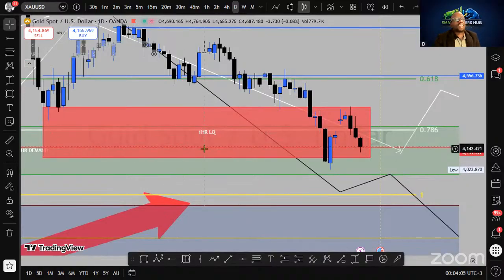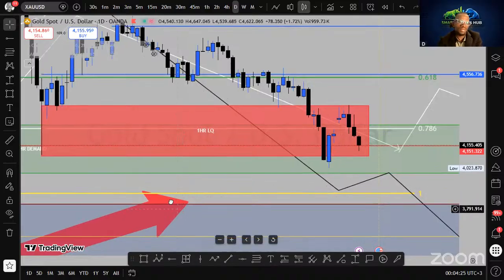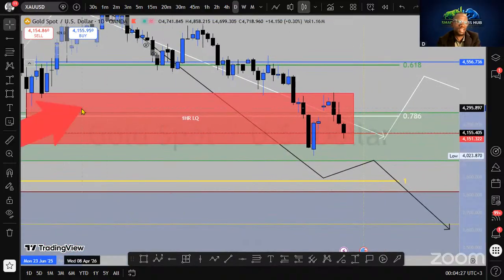Now, you can see the kind of manipulation that happened. This is what a lot of people talk about, stop loss hunting. Because remember, a lot of individuals had their stop loss just below the liquidity. A lot of people who got in from the buys around this area could actually see these areas.